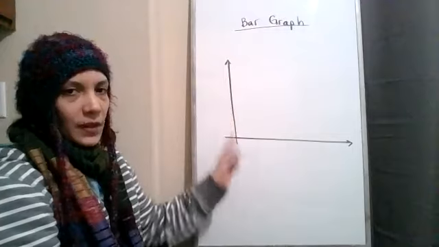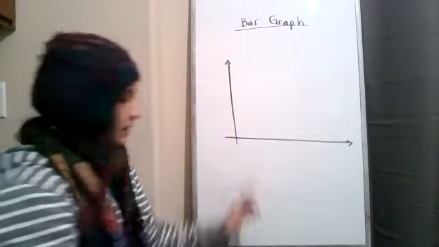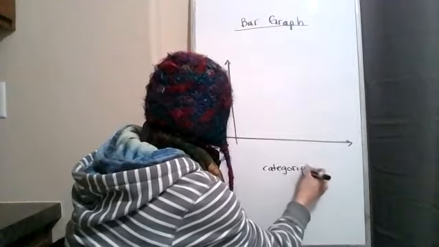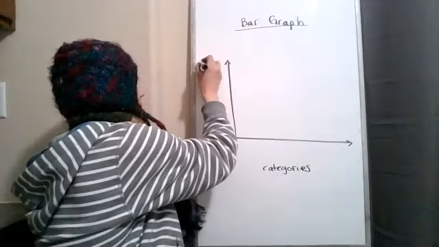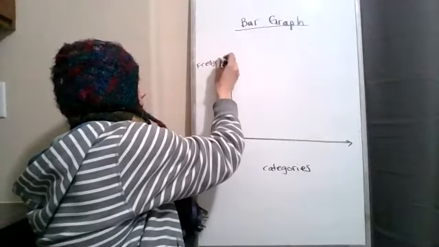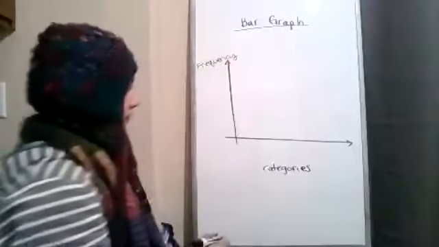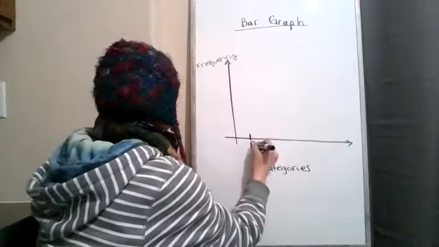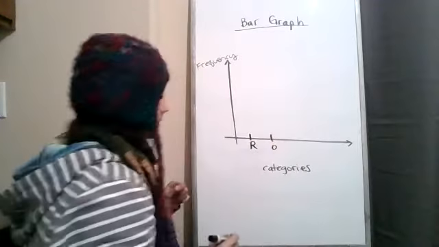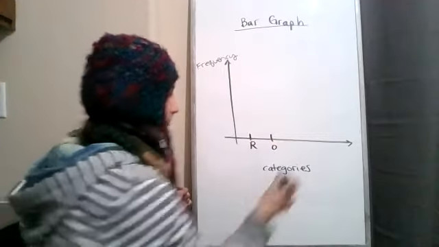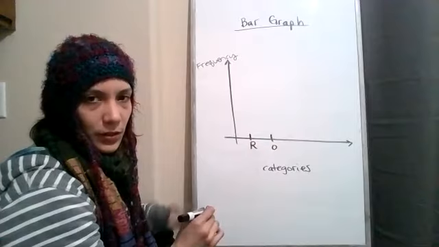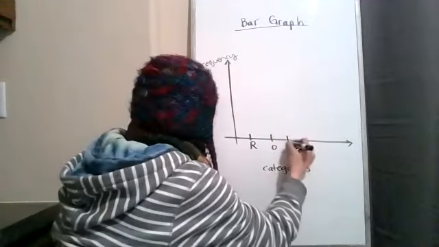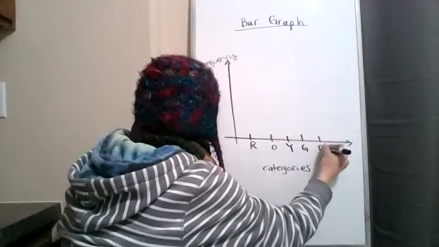It's up to you. I like to put the categories over here. Then we'll mark red, orange. I forgot to put a little note, I'll put the notes here in just a second. Red, orange, yellow, green, blue, purple.